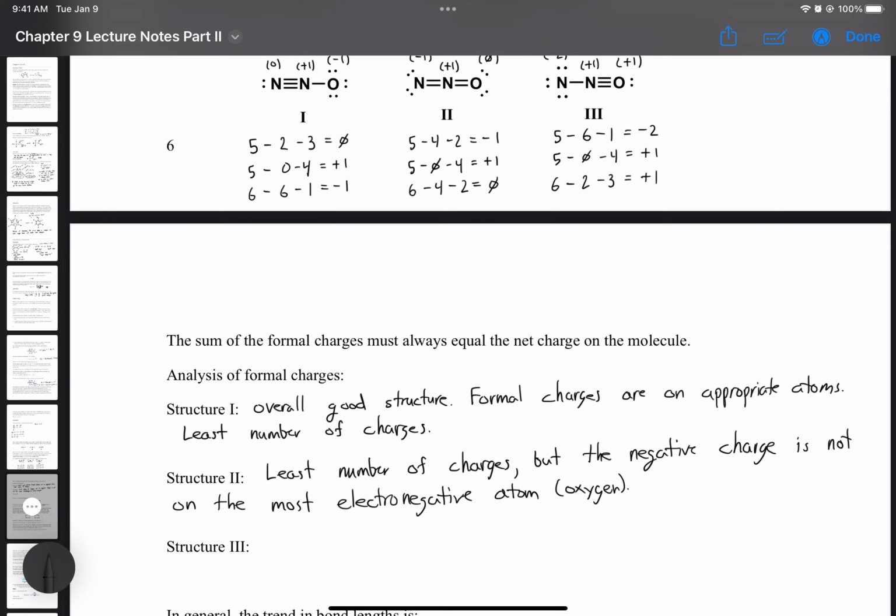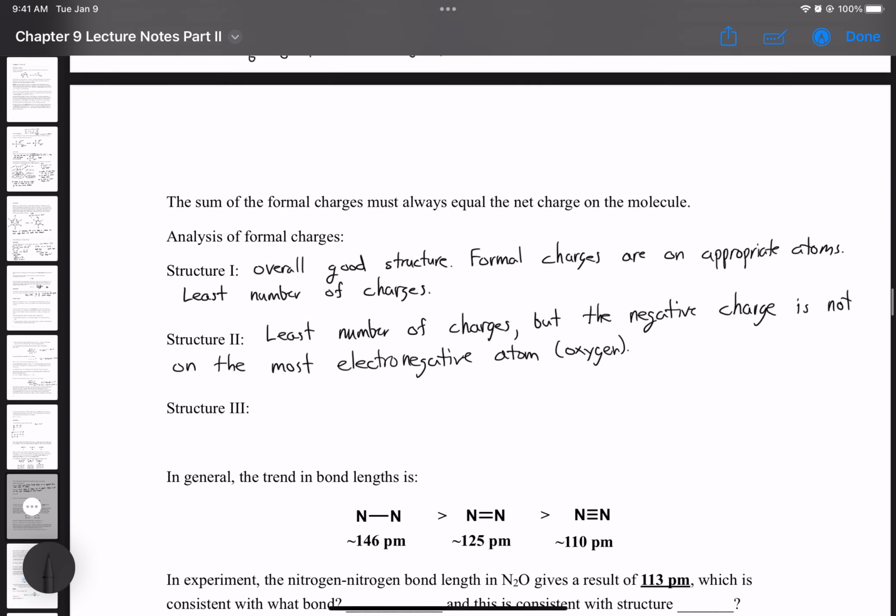Okay, now what about structure 3? Structure 3 has too many formal charges.